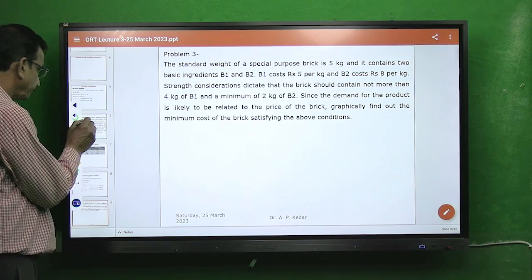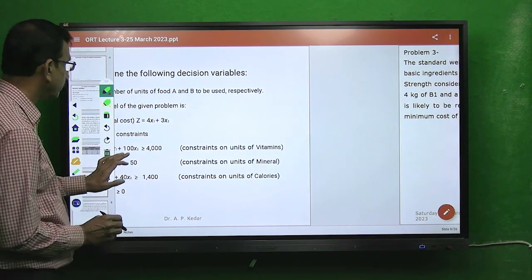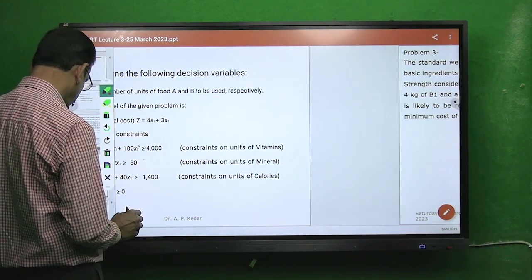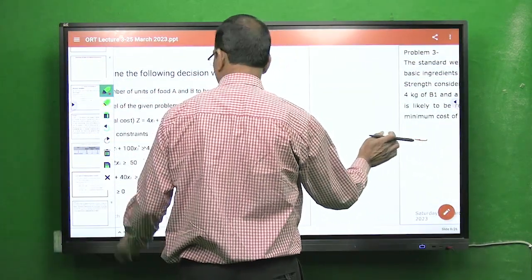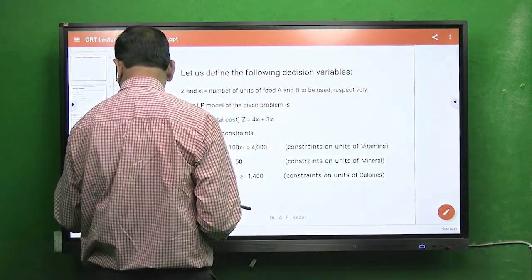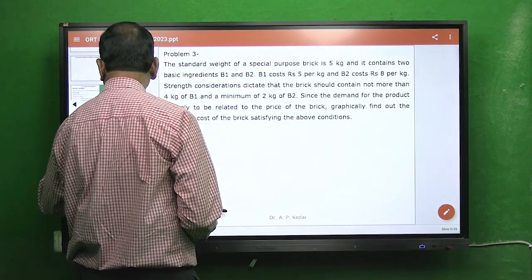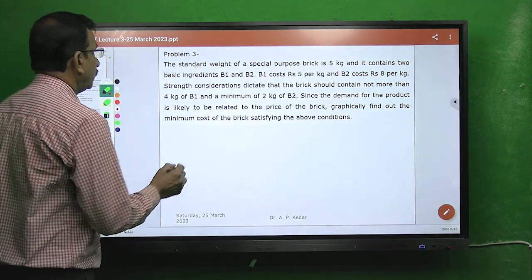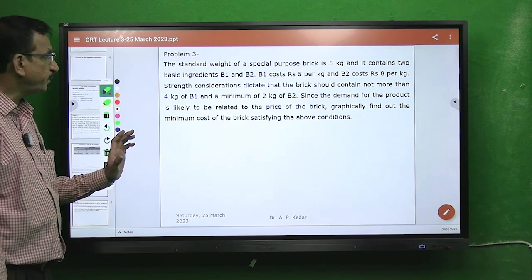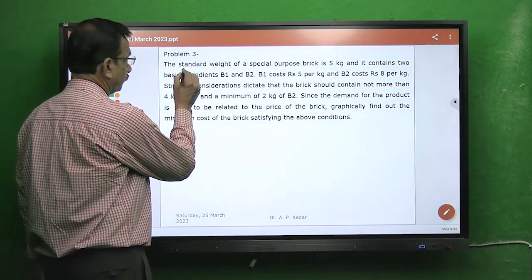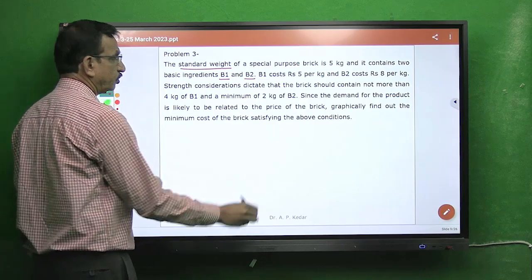Now in this problem, you can see here, the standard weight of a special purpose brick is 5 kg and it contains two basic ingredients, B1 and B2.